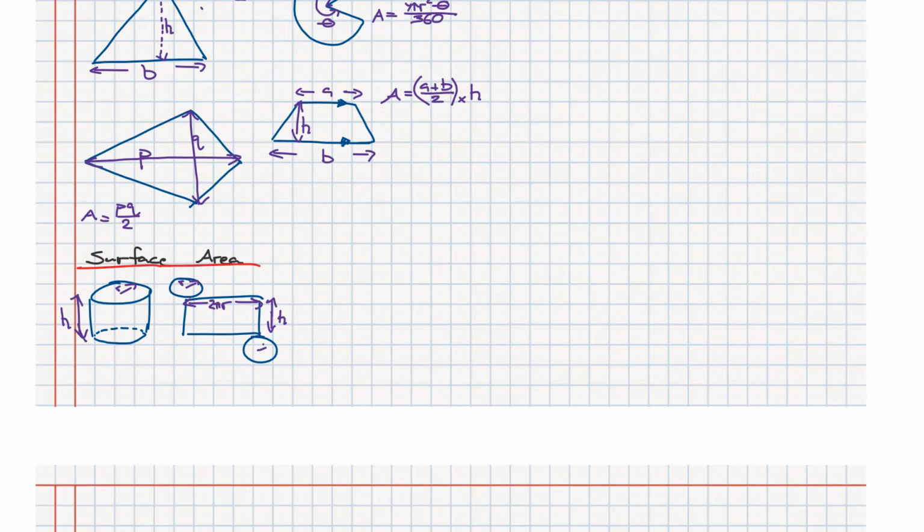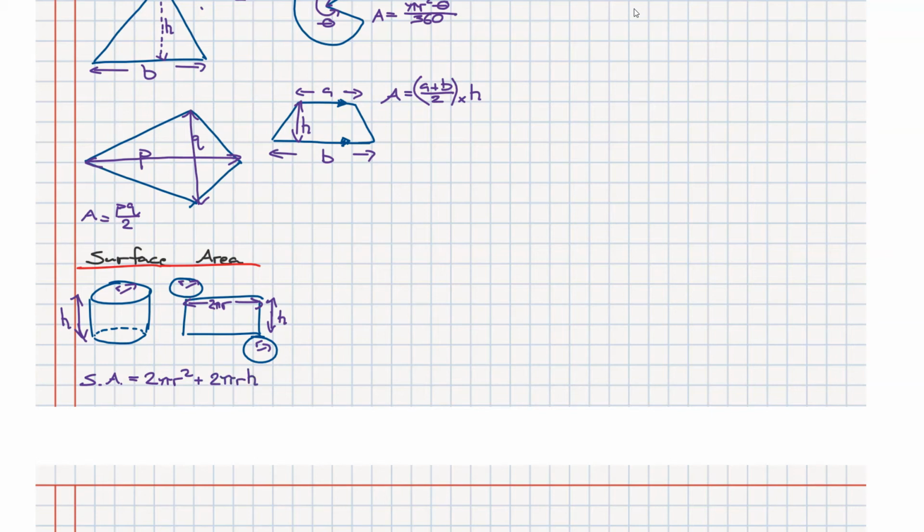So therefore, the surface area of a cylinder, of a closed cylinder, is going to be 2 pi r squared, because we've got two circles, plus 2 pi r h.